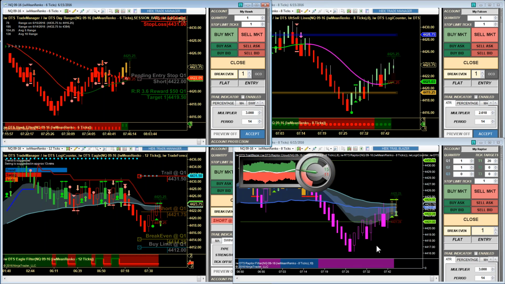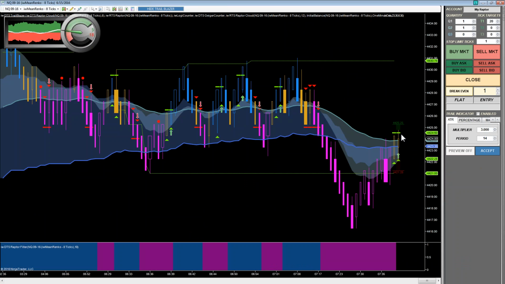Yeah, we're into the hard edge now on the Raptor. I'm sure there's a few of you who would like to see a Raptor trade. So we're into the hard edge on the Raptor. We would anticipate the market to come out of here with a signal now.